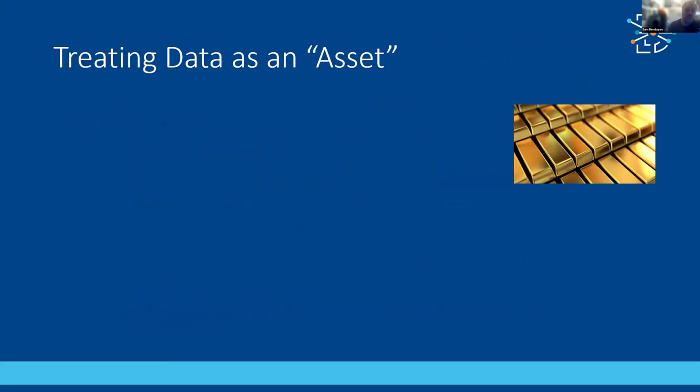So, having seen that, how do we treat data as an asset? Well, assets need to be usable and accurate. Okay, so for example, take a bar of gold. It needs to be usable. If you have a bar of gold that weighs a ton, not usable, right? A 1 ounce coin, usable, right? If it's accurate in terms of gold, we would say, is it really gold or is it fake gold, right?